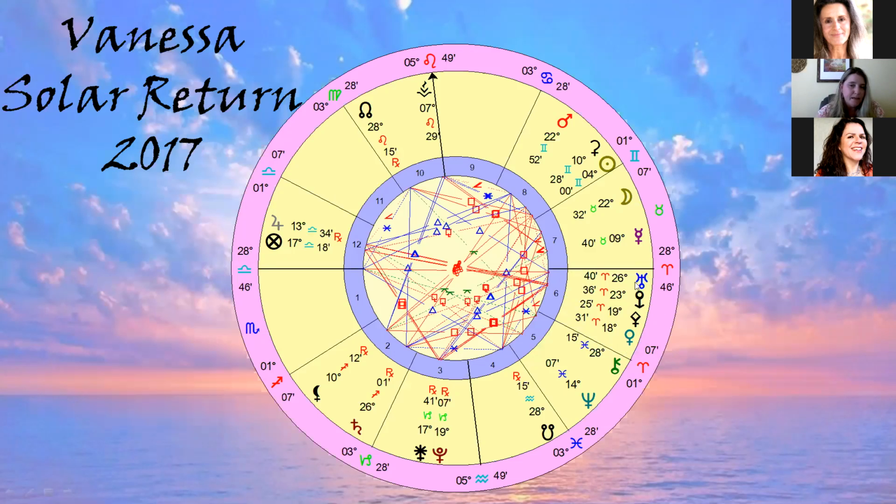What else? I also noticed in the solar return that Sun had Ceres conjunct. So I thought Ceres was going to be an important dwarf planet to consider here in her solar return, because it's so close to the Sun, in a trine to Jupiter.